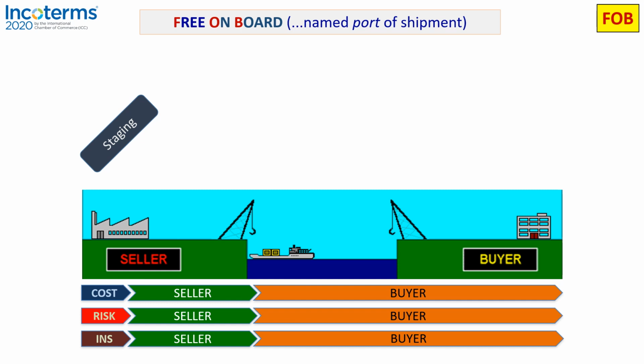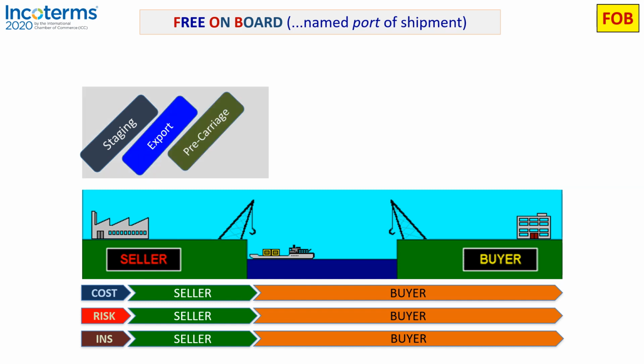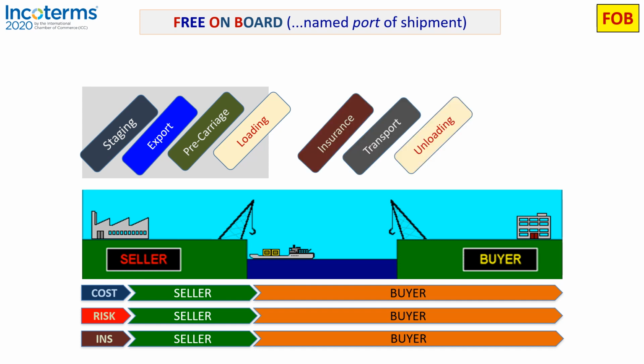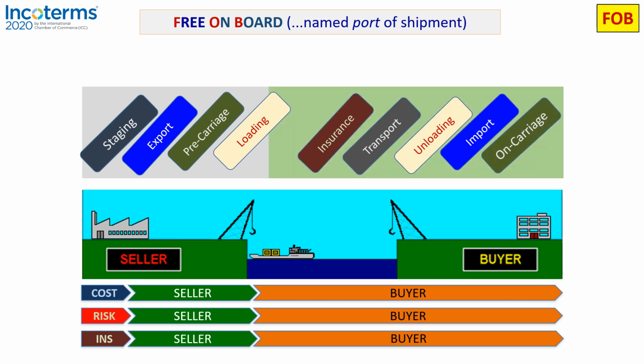So staging of cargo and export clearance are all the seller's responsibility. Any pre-carriage to bring it up to the port, and then loading onto the ship, has also moved as the seller's responsibility. Main transport, offloading from the main transport, insurance right from the point of the ship where it is loaded at the origin port, import clearances, on carriage, etc. Everything remains as the buyer's responsibility.